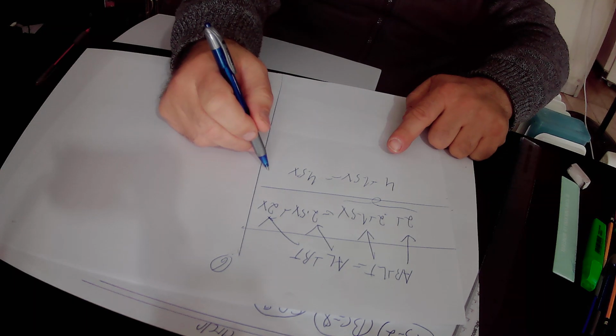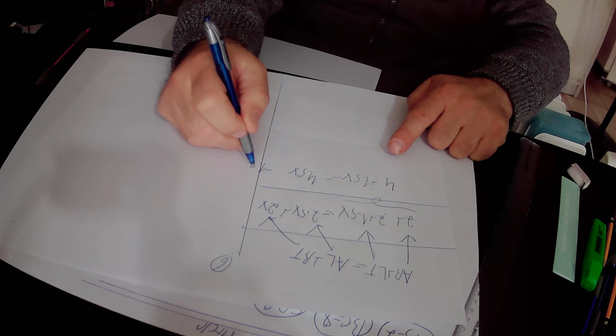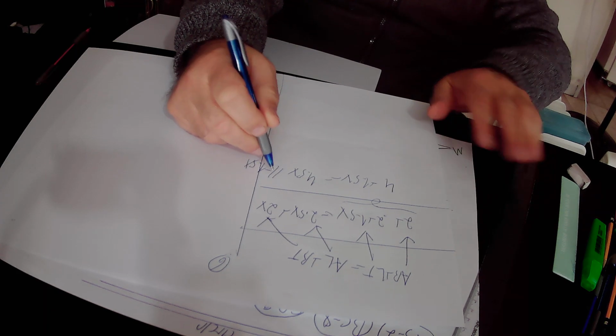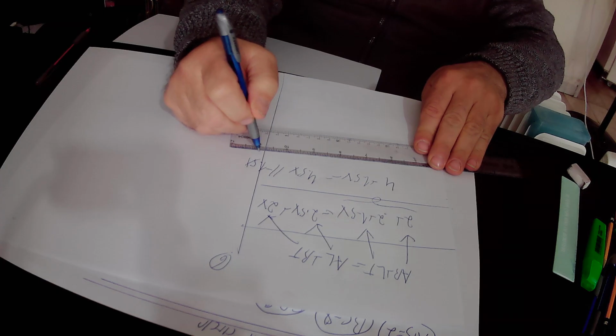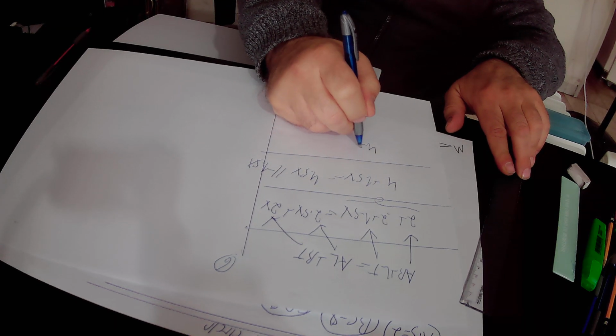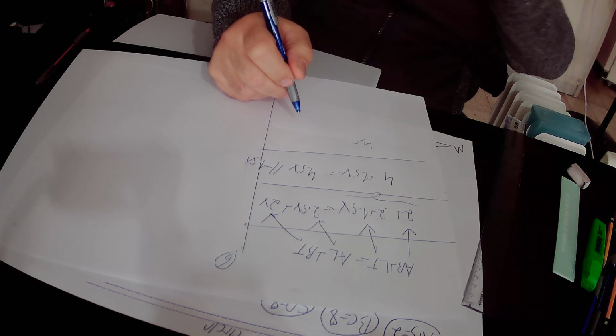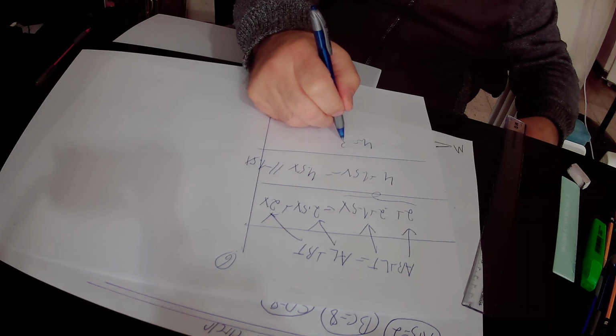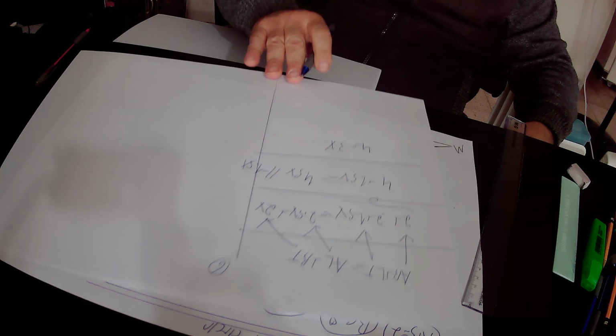Here, we subtract 1.5x from this equation. And finally, we get that 4 equals 4.5x minus 1.5x, which is 3x. So in conclusion, 4 equals 3x.